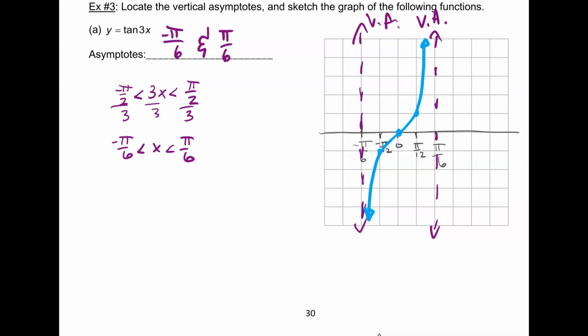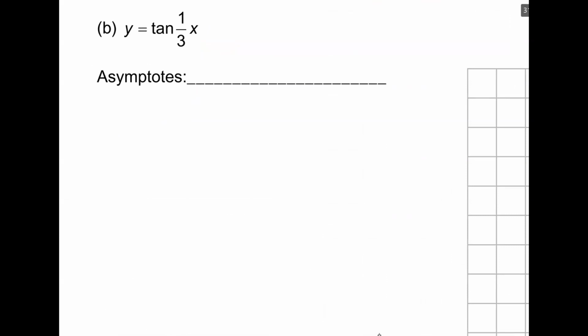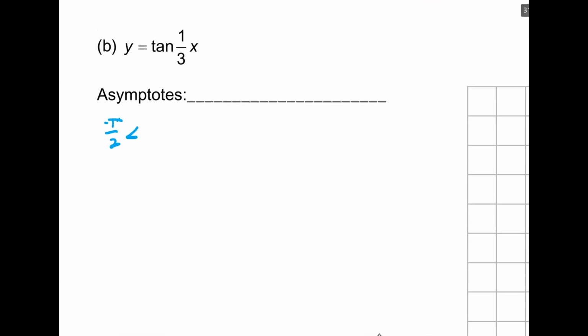Okay, y equals tan of 1/3 x. So here, once again, solve the inequalities, and it will tell you automatically your asymptotes. So I must multiply everything by 3. So I have negative 3 pi over 2 less than x, which is less than 3 pi over 2.